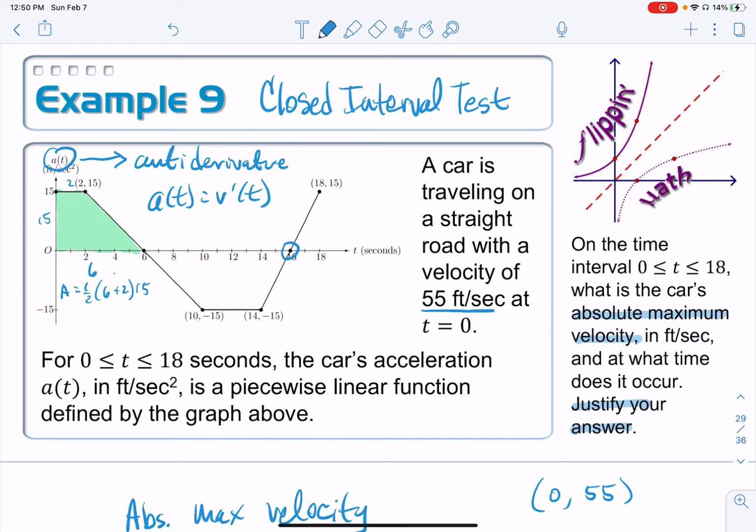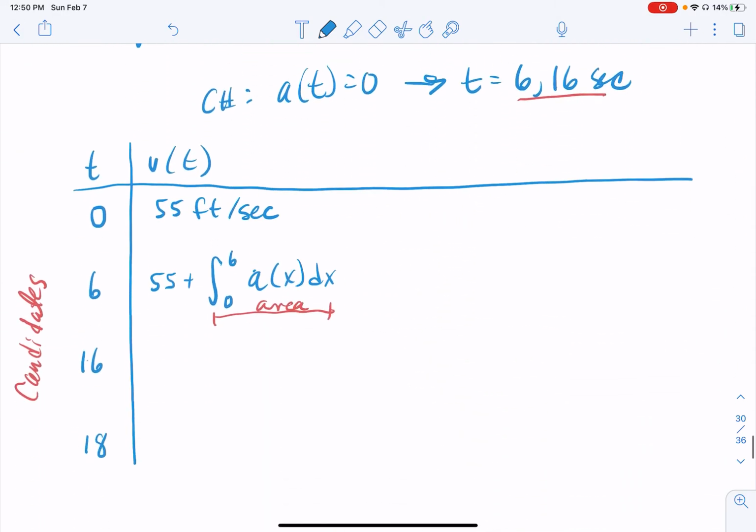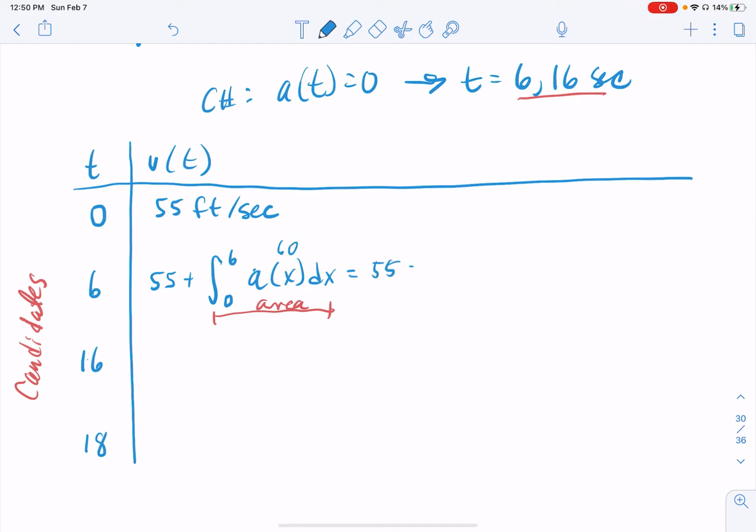Half of 8 is 4. 4 times 15 is 60. That is equal to 60. 55 plus 60 gives us 115 feet per second. I think, right? And then let's keep going.